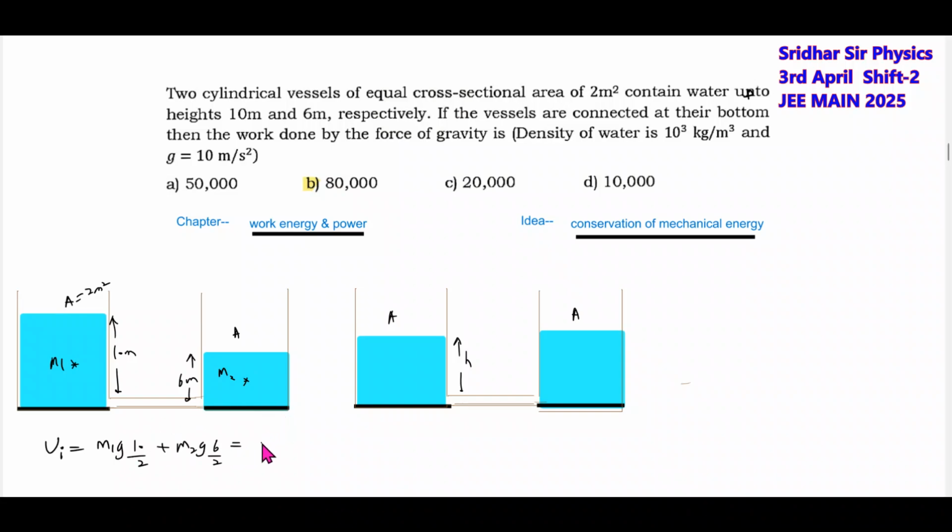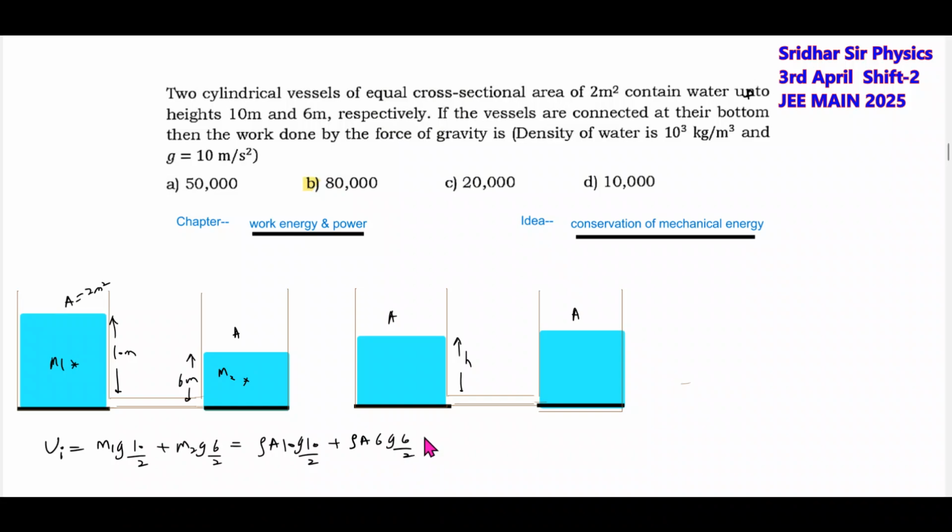What is m1? m1 will be rho, area of cross section A, into volume 10. A into 10 will become volume. g 10 by 2. m2 will be rho A 6, g 6 by 2.